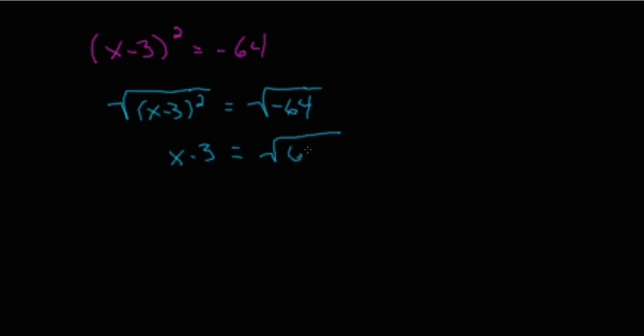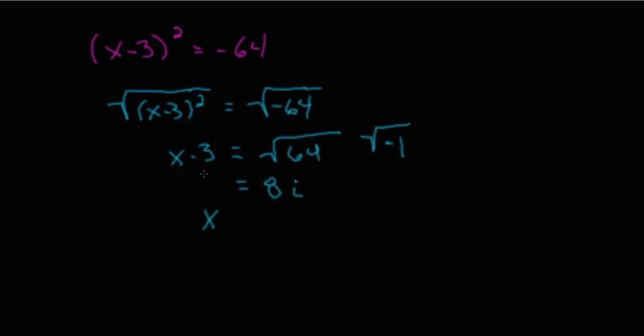And then the square root of a negative 64 is the same thing as the square root of 64 times the square root of negative 1. And the square root of 64 is 8. Remember from your multiplication tables, 8 times 8 is 64. The square root of negative 1 is an imaginary number that we show as i. So x minus 3 equals 8i. Let me back up here.